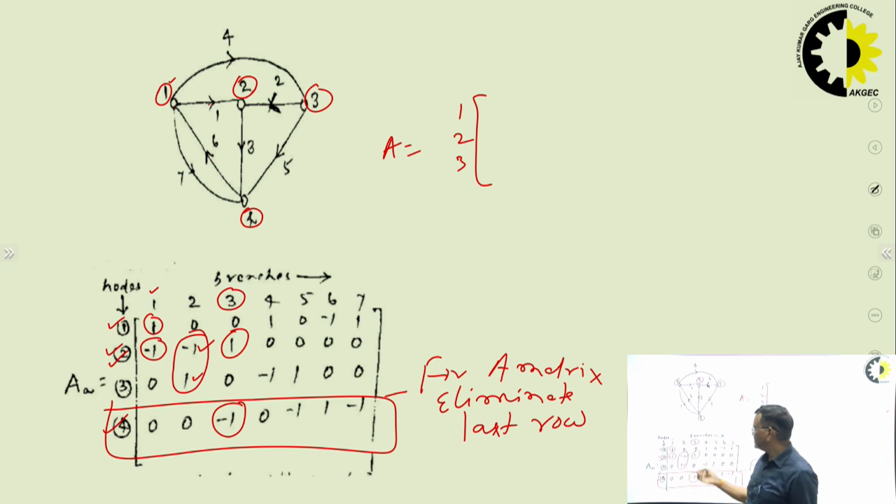This last row corresponds to node 4, and node 4 is nothing but the reference node of the network. So from the given network we can draw the oriented graph, from the oriented graph we can obtain the complete incidence matrix, and from the complete incidence matrix we can obtain the reduced incidence matrix.